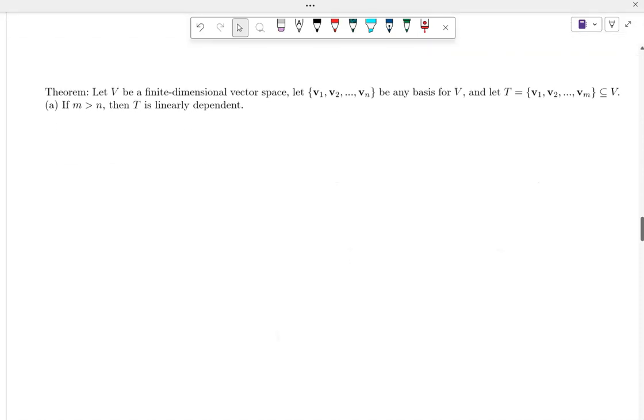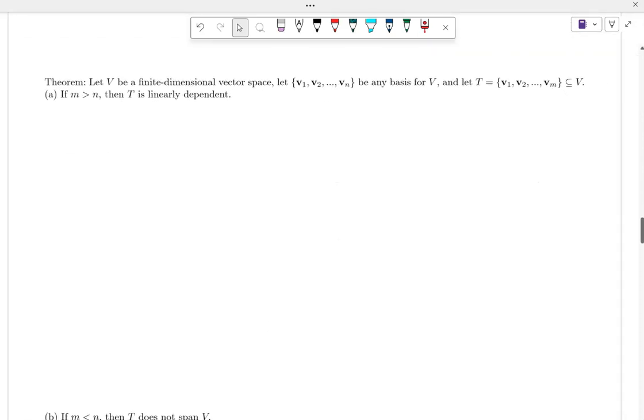All right. So we want to get to the idea of what we mean by dimension. The dimension of a vector space is going to be the number of elements in a basis. So what this theorem says is that if you have two different bases, they may not be the same set, but they have to have the same size.